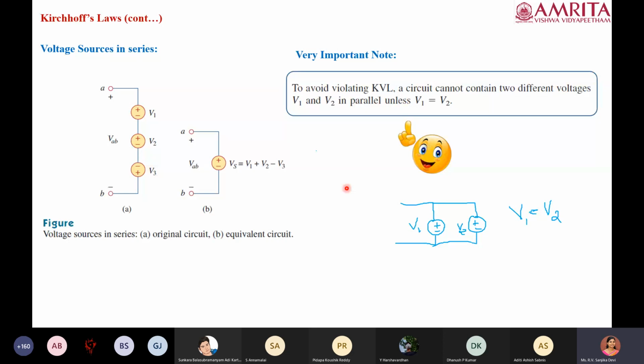So for analysis purposes also, we cannot have two voltage sources with two different values. It will be equal. Is that clear?